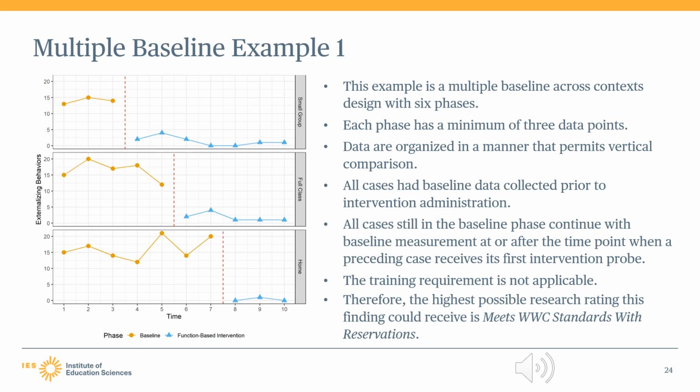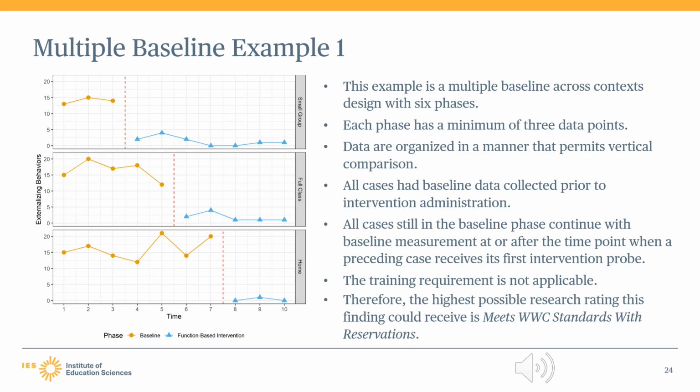For instance, Case 1 first receives an intervention probe at time 4. Both Case 2 and Case 3 continue their baseline measurements at and after time 4. Further, when Case 2 first receives an intervention probe at time 6, Case 3 continues their baseline measurements at and after that time 6. There are no training phases present in this graph.